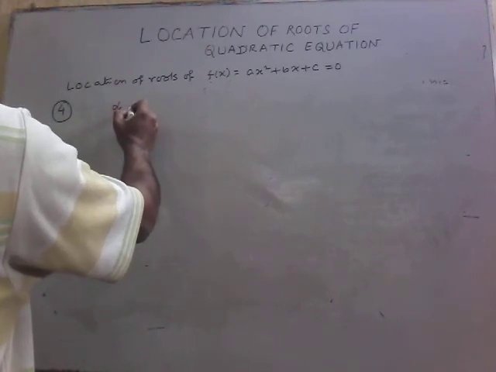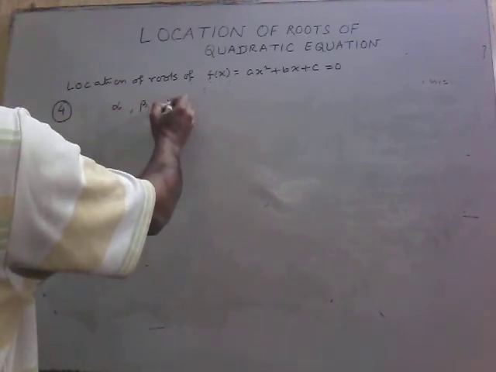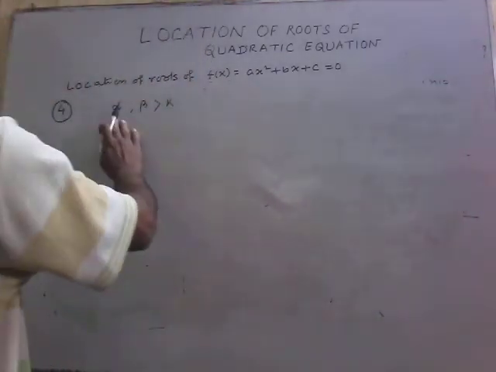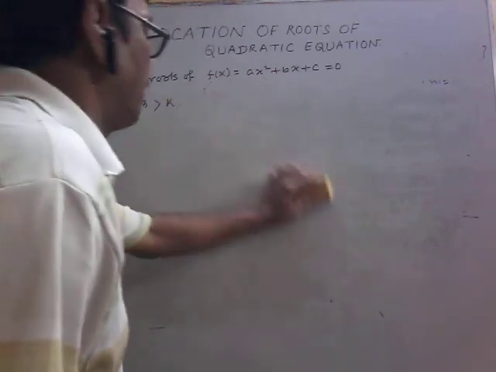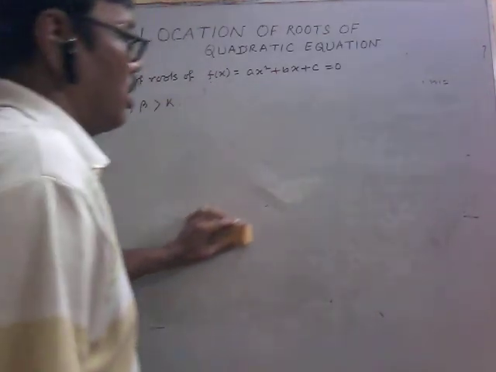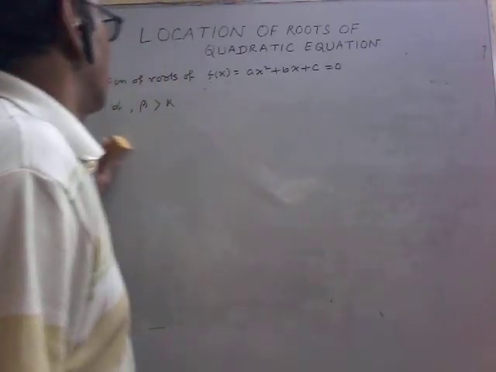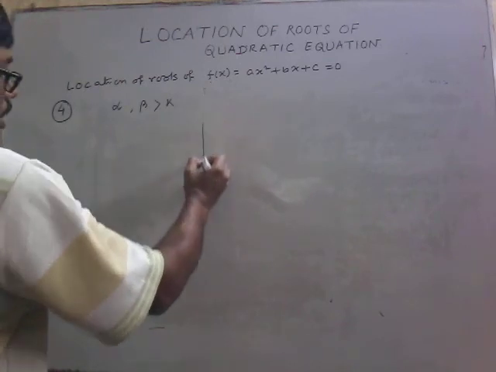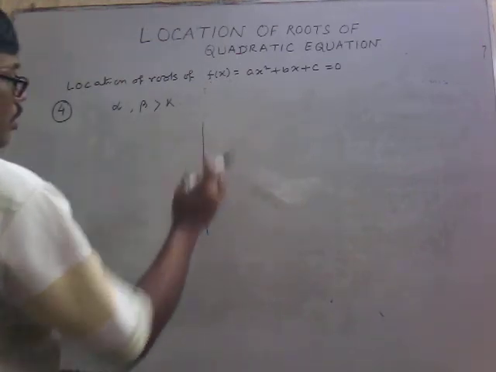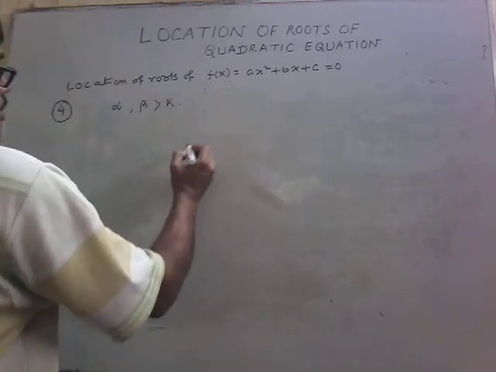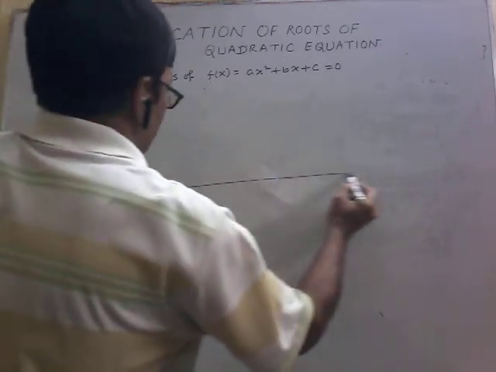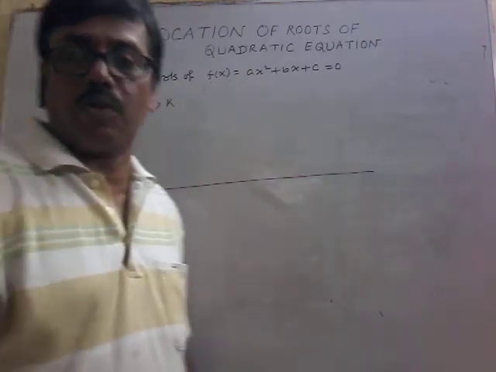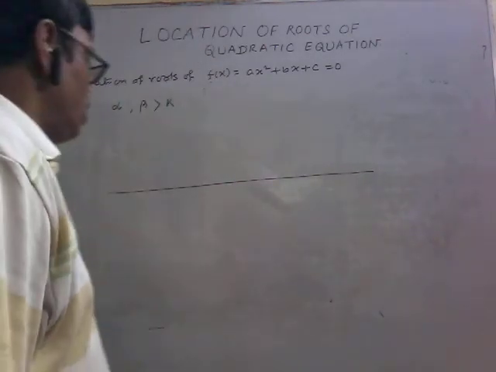Alpha, beta greater than K. In language, roots are greater than K, if both the roots are greater than a constant number K. So look, in this case, the graphical method will be the easiest method. Because in this case you cannot write whether the sum is positive or not, whether the product is positive or not.